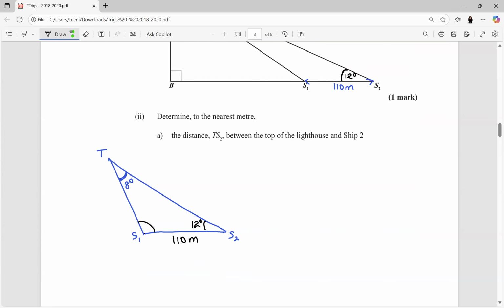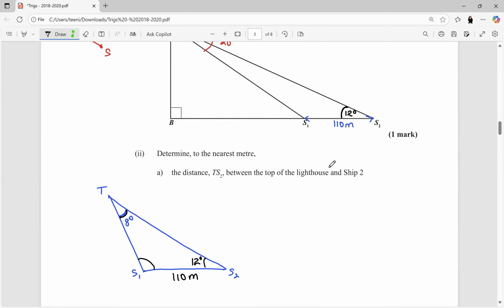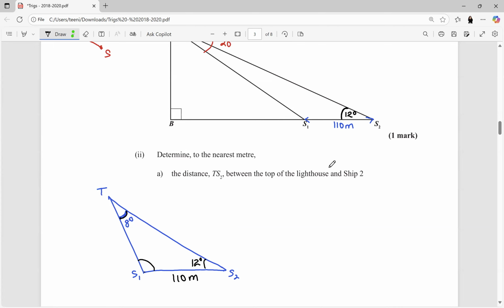Now that we know that the first angle is 8 degrees and the second one is 12 degrees, what would be the third angle, the angle at S1? 160, yes. How is it 160?